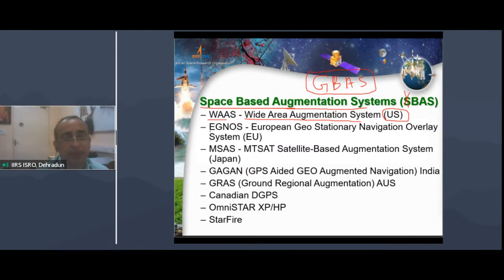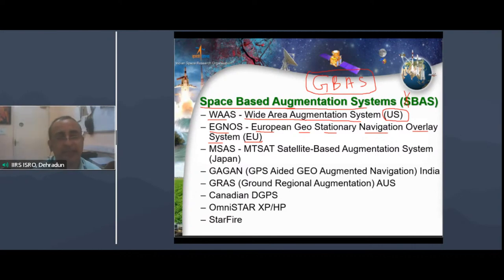EGNOS was developed for European countries. It is called the European Geostationary Navigation Overlay System for the European Union. In that region, you can invoke the EGNOS facility in the GPS receiver, and it will receive these corrections.